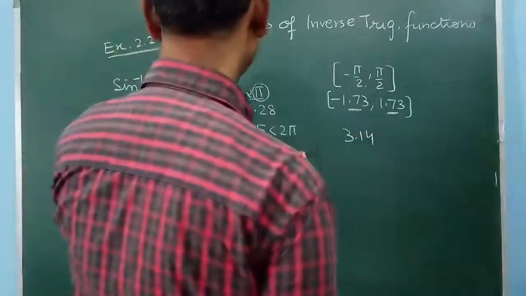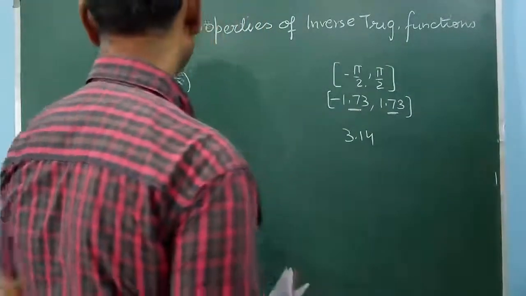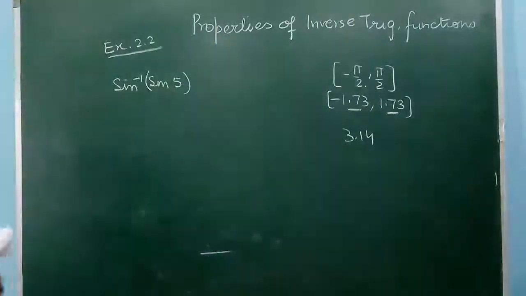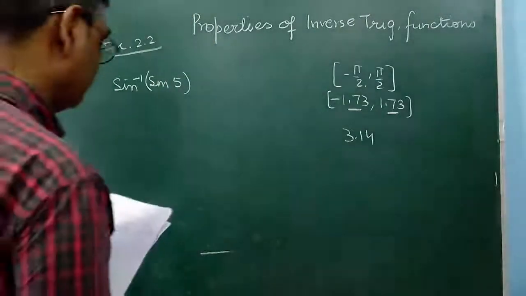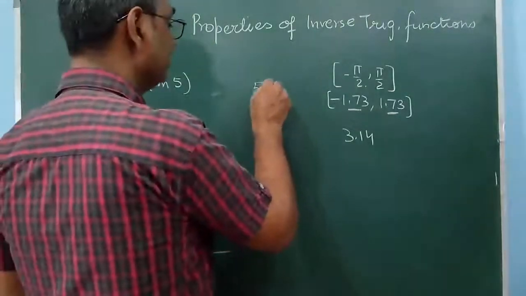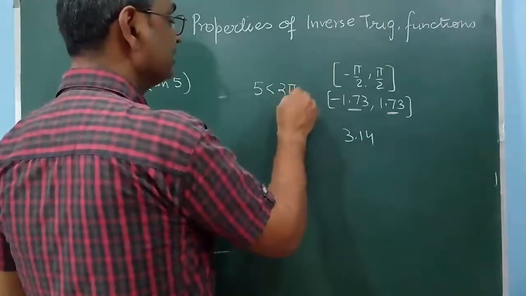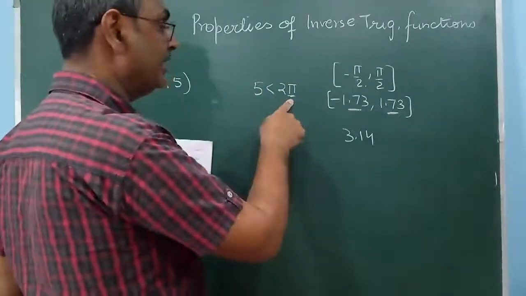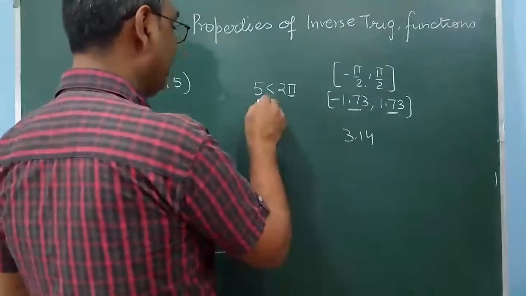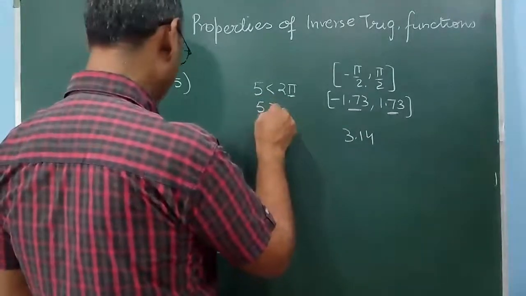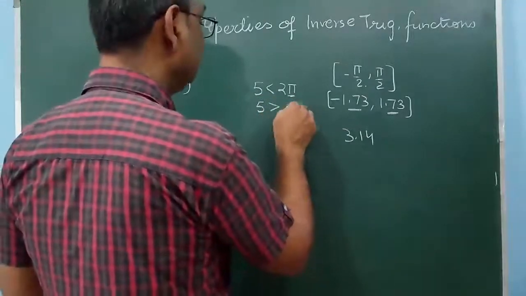Yes, so 5 is less than 2 pi, and 2 pi means 6.28. And 5 is greater than how much? 3 pi by 2.